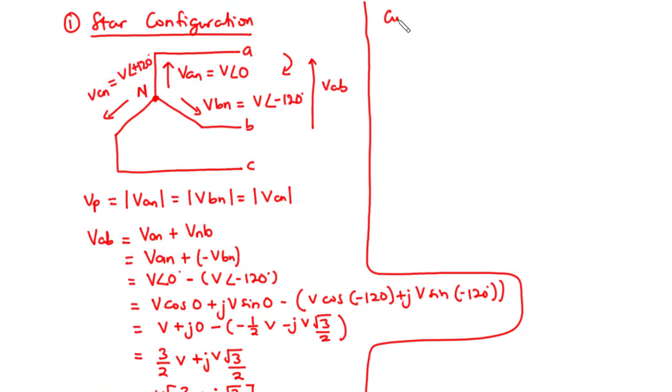So for the current relation, let's consider that we have ZP to be the impedance per phase, and then we have IA, IB, and then IC to be the line currents.